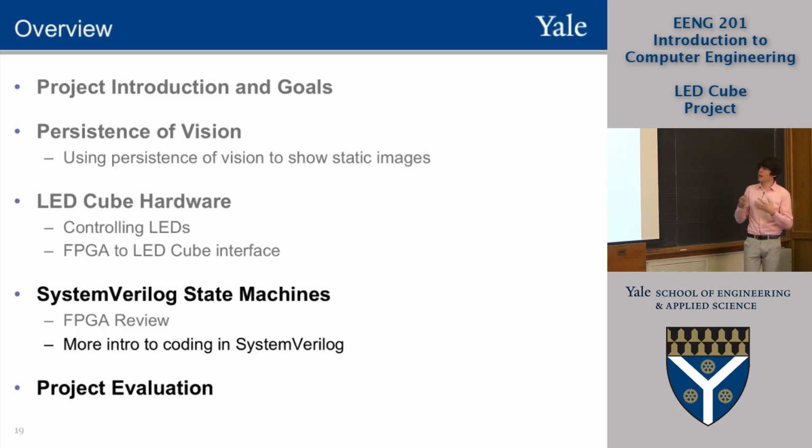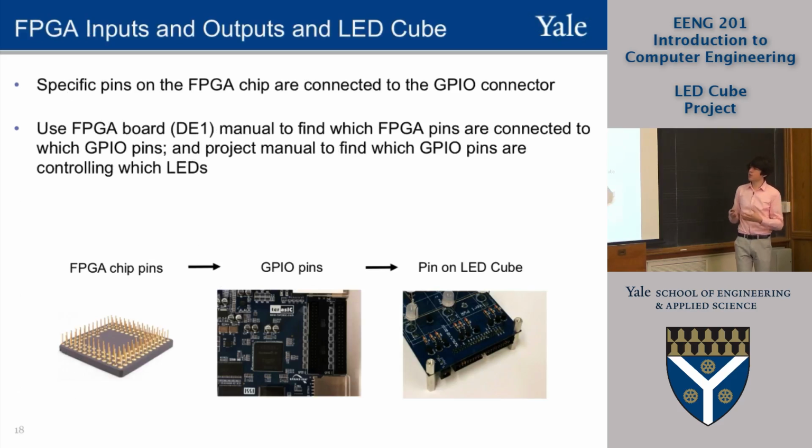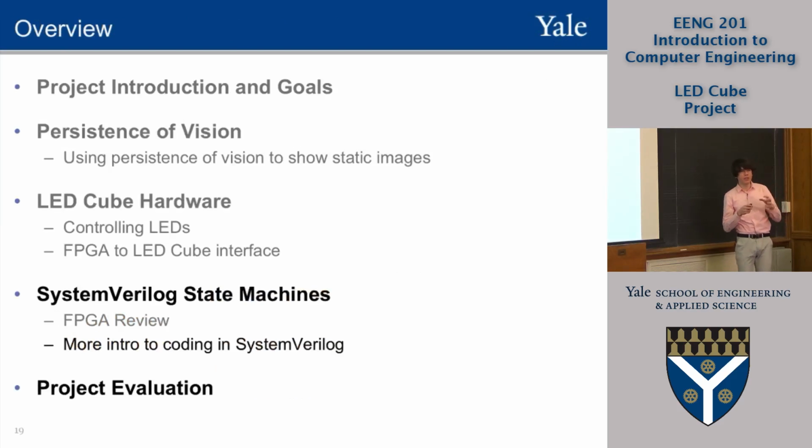By sending the appropriate signals through the FPGA chip pins to the GPIO pins to the LED cube, you can turn on and off either the vertical planes or the 9 rows of LEDs, and the lab manual will tell you which pins are controlling what. So that's the overview of how to interface the FPGA chip to the LED cube.